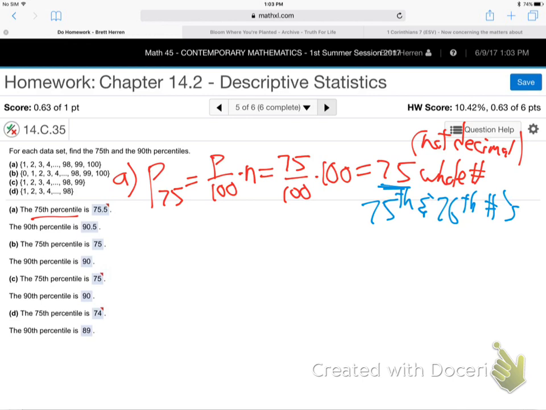The answer is not 75. It's going to be the 75th number and the 76th. What is the 75th number in this data set? Well, it's just 75. And the 76th number is just 76. Divided by 2, you're going to get 75.5, halfway between 75 and 76, which is indeed the right answer. Everybody see that?